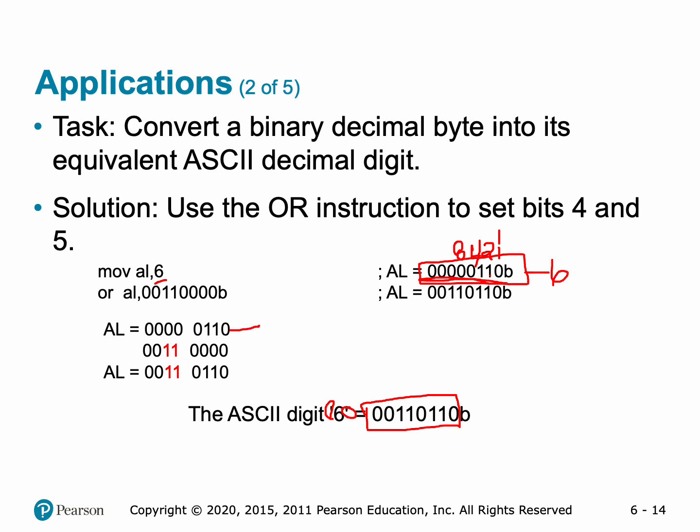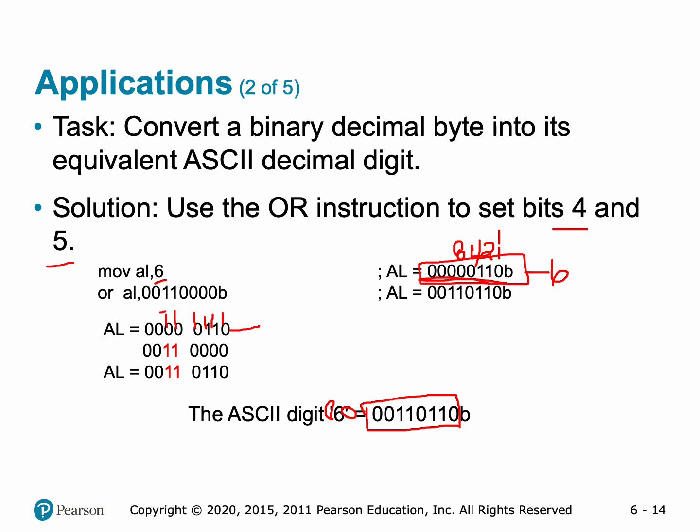The way that you can convert this decimal 6 into the character 6 is by ORing with the bits 4 and 5. So this is bit 0, 1, 2, 3, 4, 5.